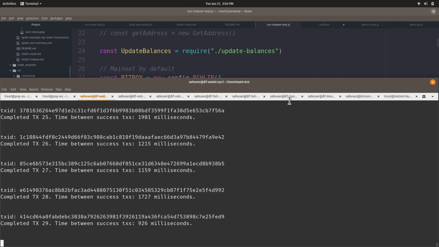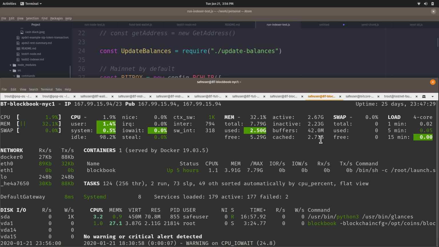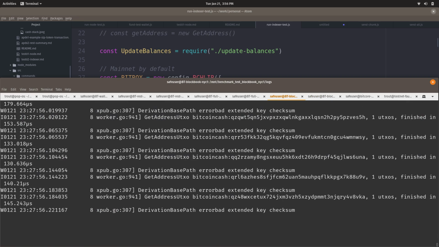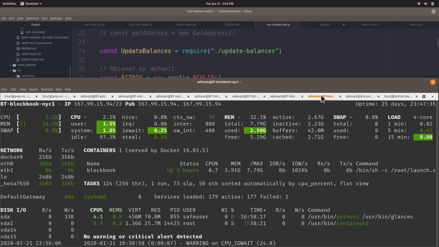And so if we look over at Blockbook, which is the one it's supposed to be stressing, we can see the output will show up here. Okay, so the numbers are moving.